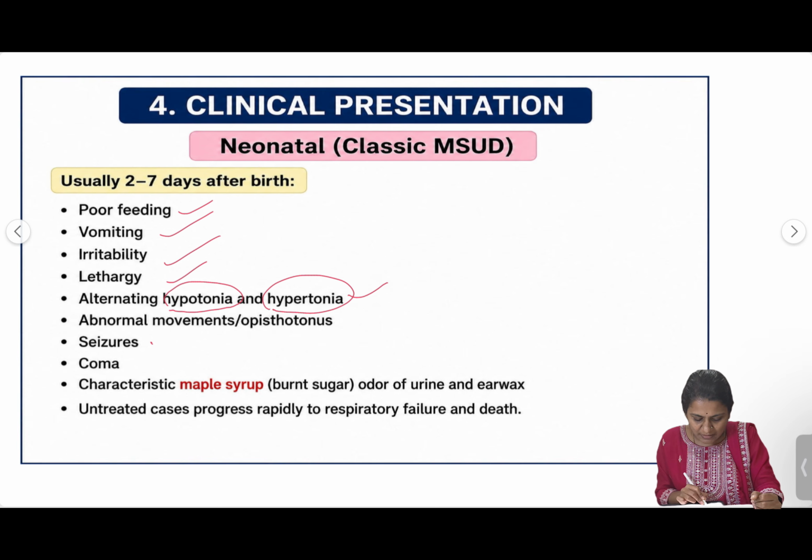The child might have seizures and coma, and there is a characteristic odor in the urine as well as the earwax. Usually the earwax odor presents very early.